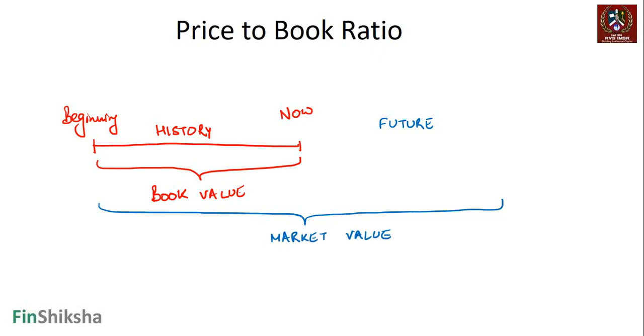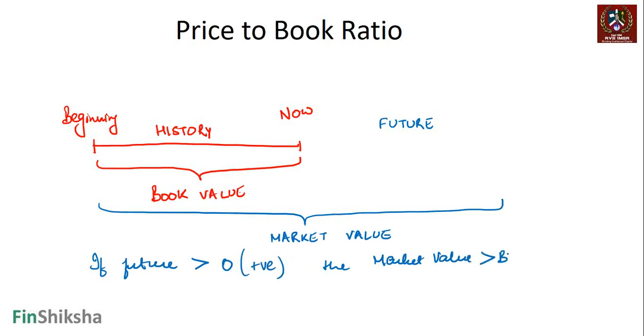We did discounted cash flow valuations, which were basically future projections of the company. So market value should be the sum of the history plus the future. If the future is considered to be positive, meaning the company is assumed to generate some value, then the market value or market capitalization should be greater than the book value.